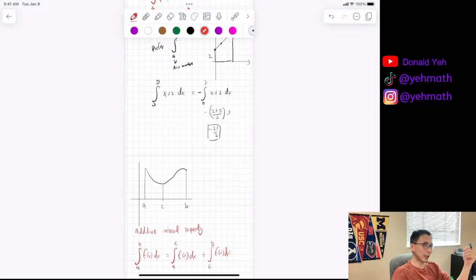Sometimes the integral can be negative if your graph is below the x-axis, because that's the area under the curve, but the curve is below the x-axis, so it can be negative. The second thing is that the area is still positive. It's just the boundary switch that caused the negative sign in the front for that previous case.